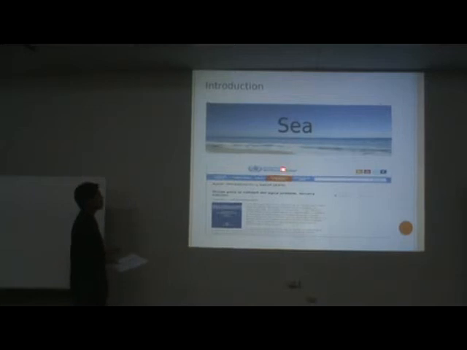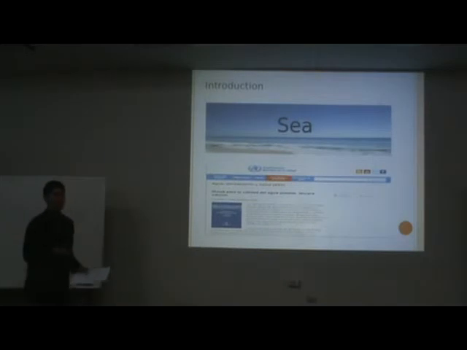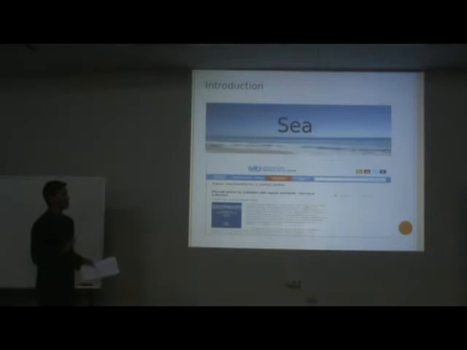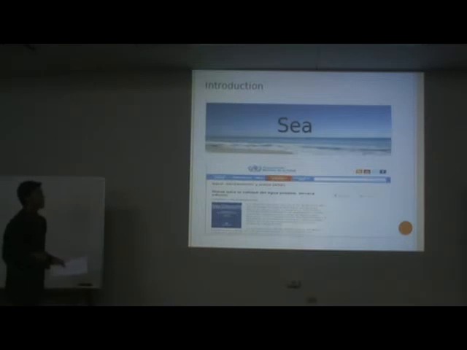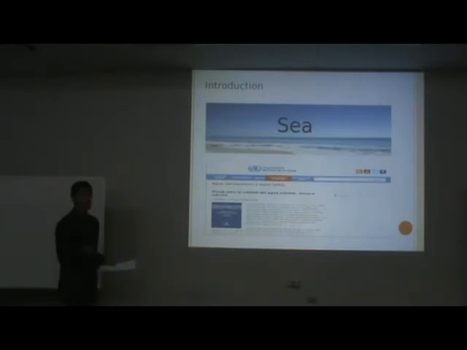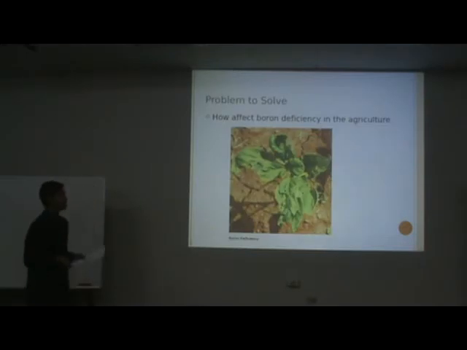The World Health Organization recommends an accepted level of boron in drinking water of 0.5 milligrams per liter. So, for this reason, it's necessary to remove the boron from the water, and this boron can be used in agriculture.